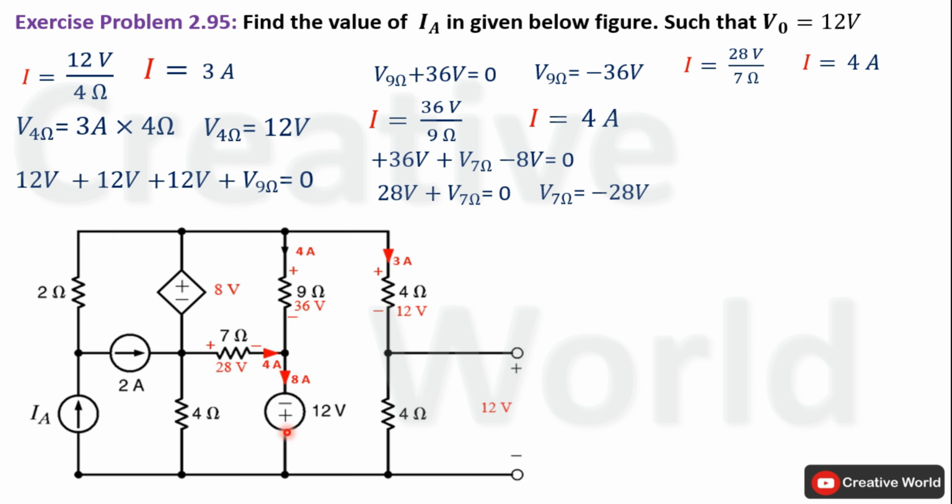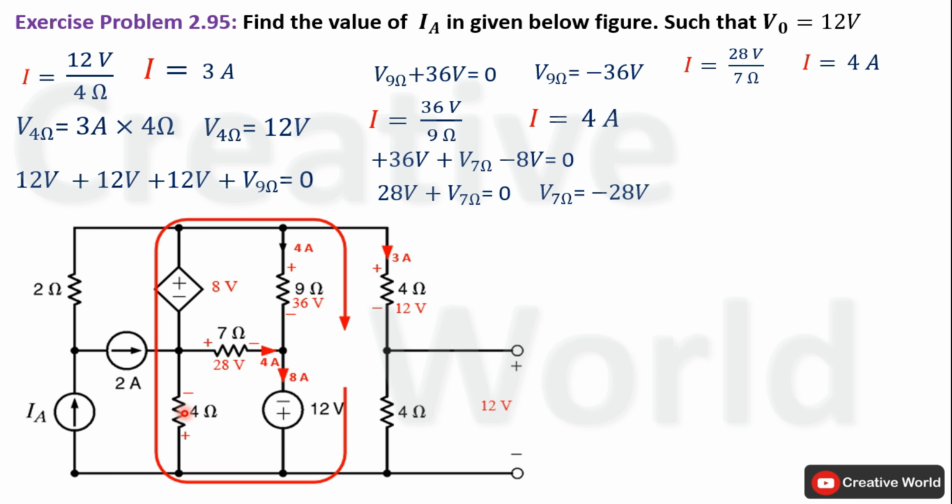Now we will apply Kirchhoff's voltage law inside this outer loop to calculate voltage across this 4 ohm resistance. For that purpose, we are assuming the direction of current in clockwise direction. According to this assumed direction of current, polarity notation across this 4 ohm resistance is marked. Write KVL equation for this closed loop. Start from here.